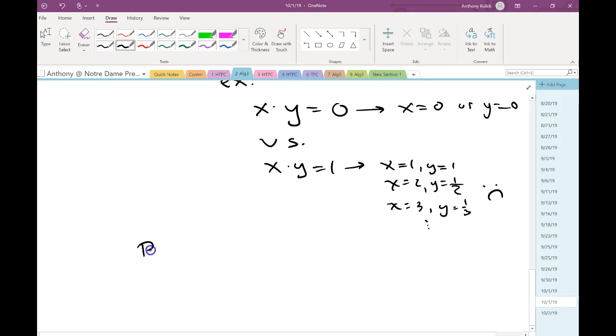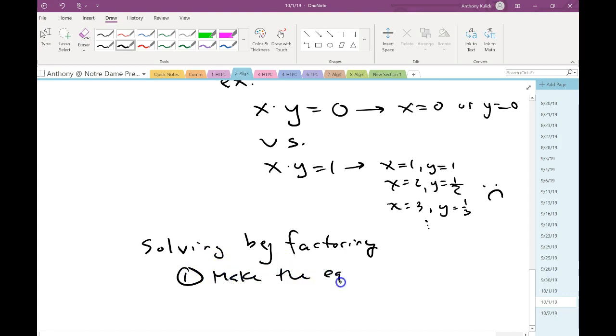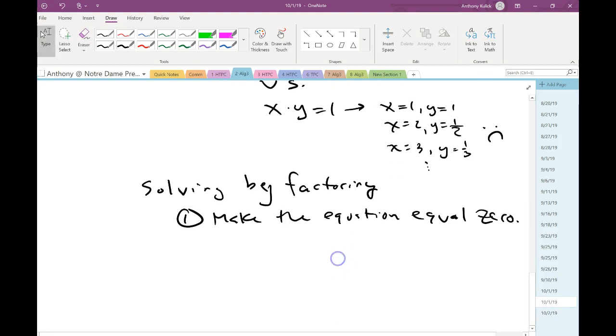So the procedure for solving by factoring: the first step would be to make the equation equal 0. So if you have to add or subtract things from both sides to make it equal to 0, that's the first step. We can't do anything if our equation doesn't equal 0. Have to have that happen before we do anything else.